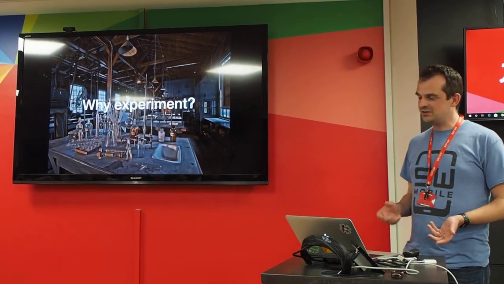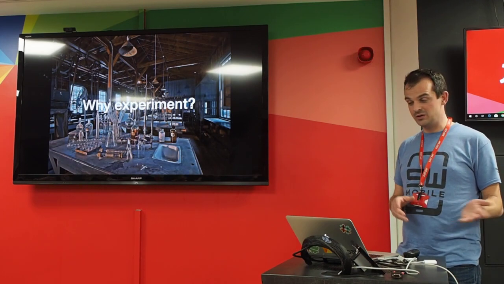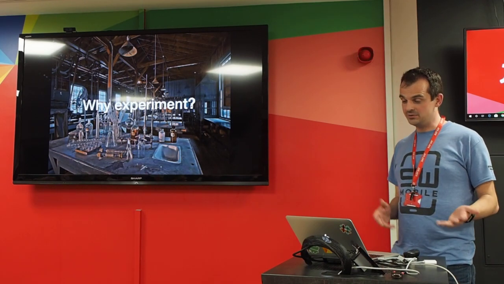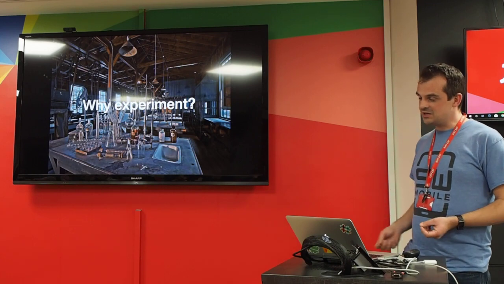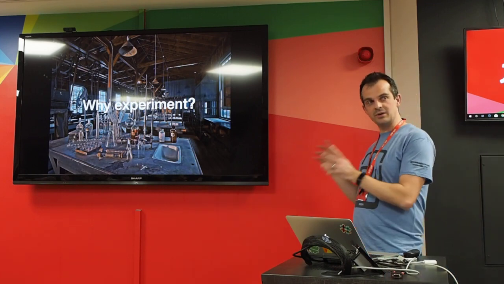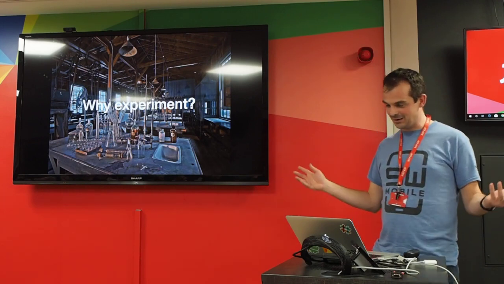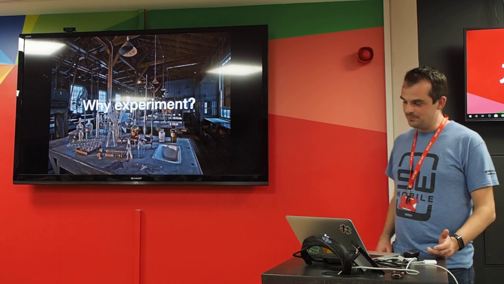And while user testing can help test ideas at small scale and to iterate on that feature before you actually push it into a production app, the aim of experimentation is really to test what is the impact of that change once you ship it to the masses, depending on how big your audience is.